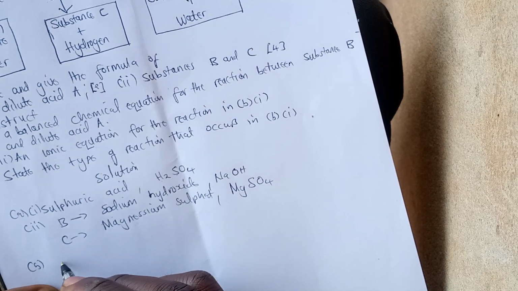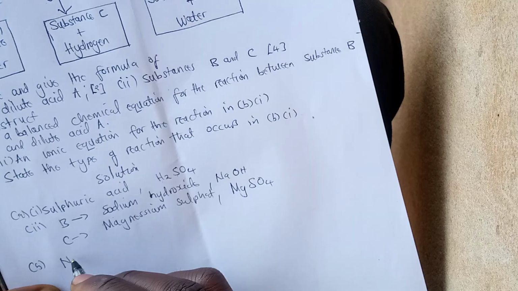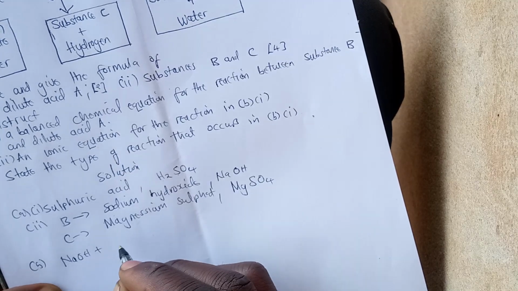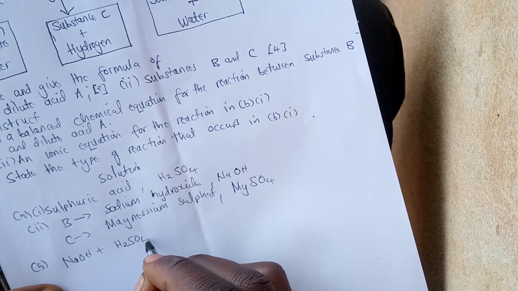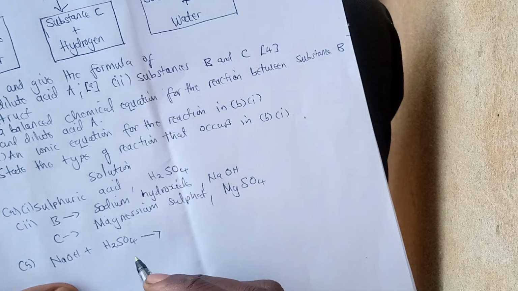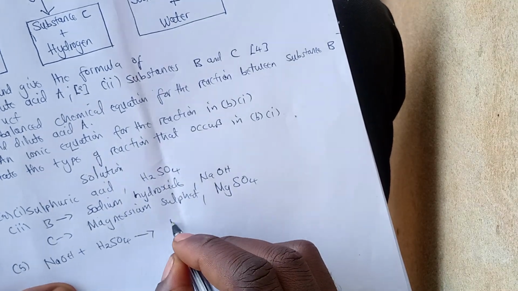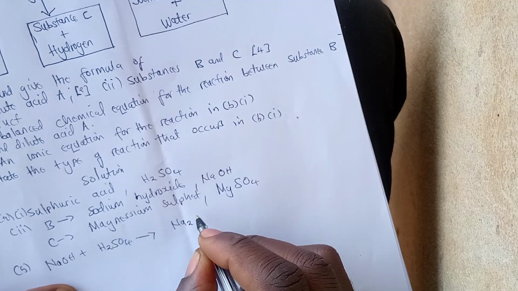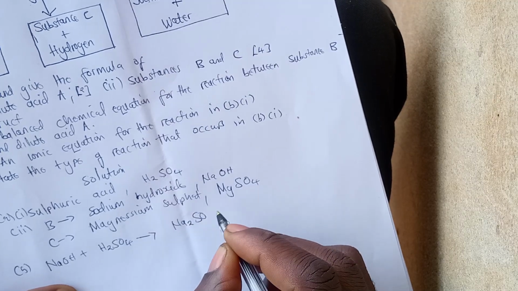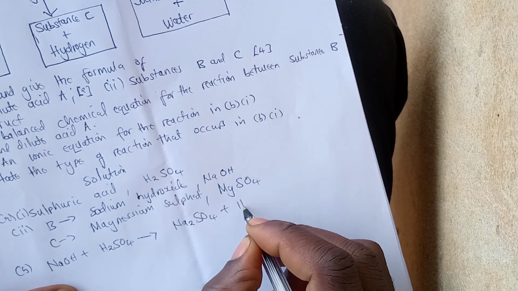So it is the reaction between sodium hydroxide plus sulfuric acid, which will give us sodium sulfate plus H2O.